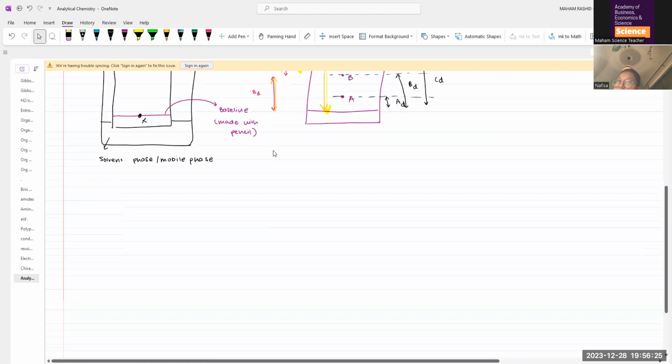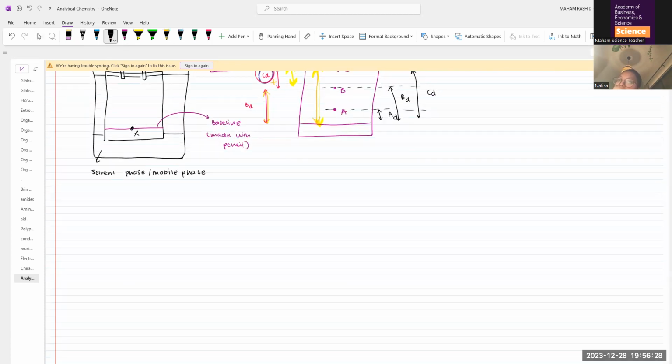Okay. Now we move on to the retention or the retardation factor.